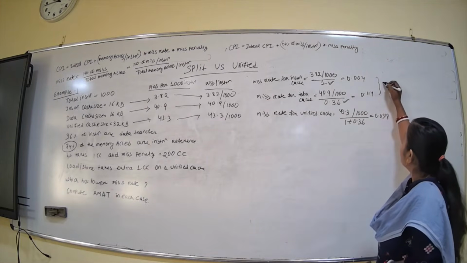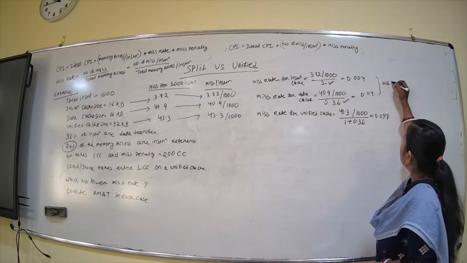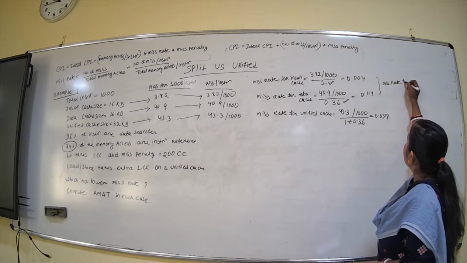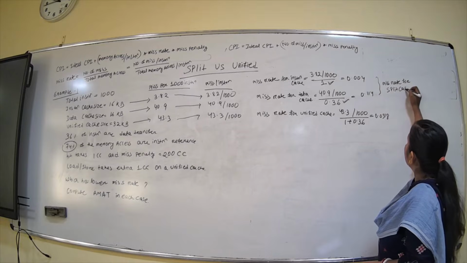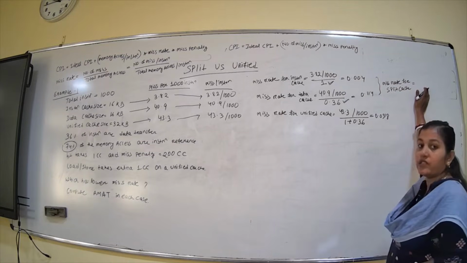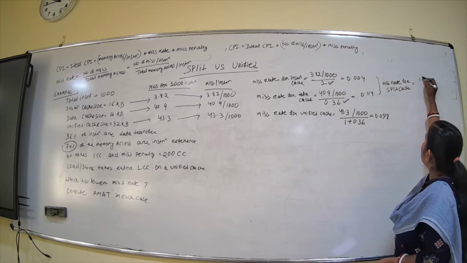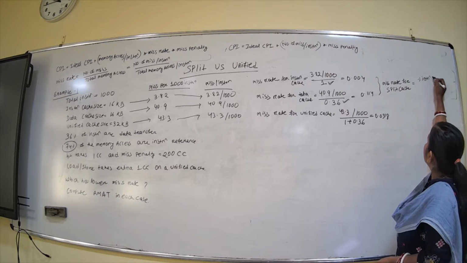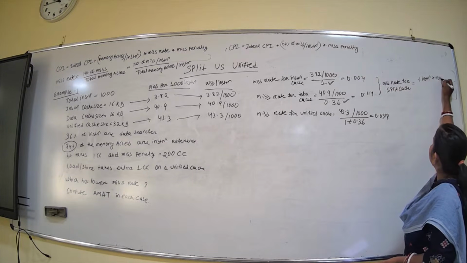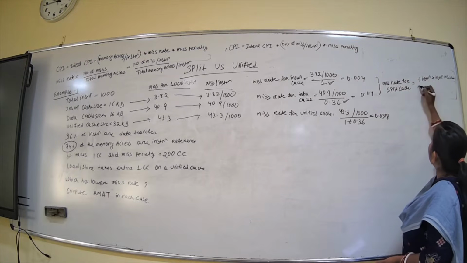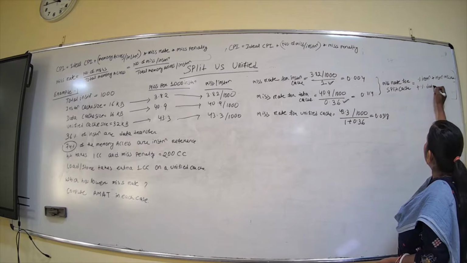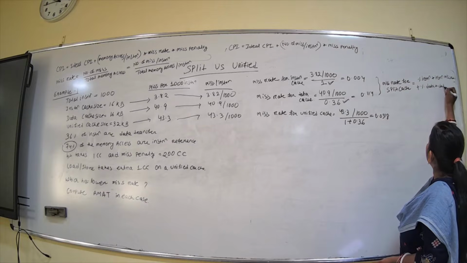So how do we combine the miss rates for the split cache? The formula is percentage of instruction into instruction miss rate plus percentage of data into data miss rate.